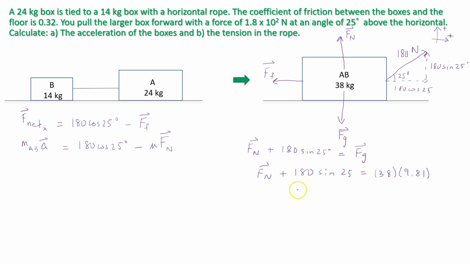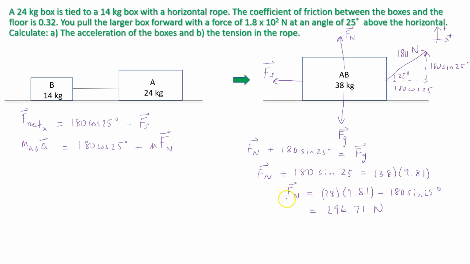And so isolating for Fn is going to equal 38 times 9.81 minus 180 times sine of 25 degrees. And that would end up equaling 296.71 newtons.